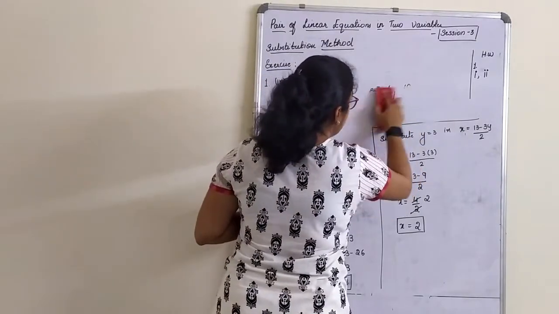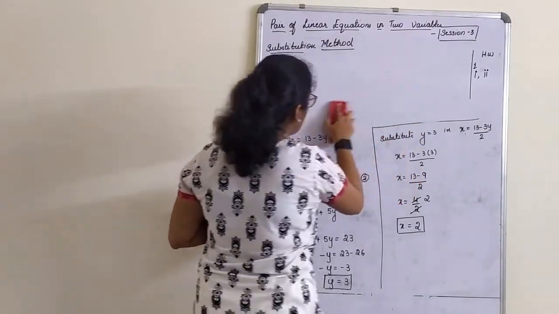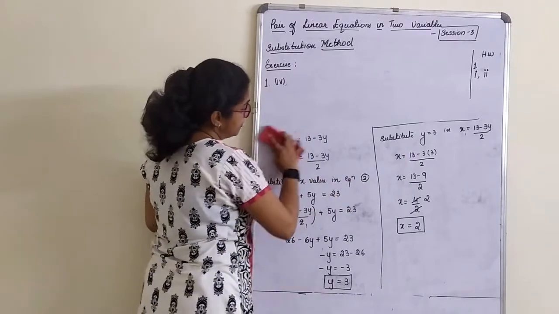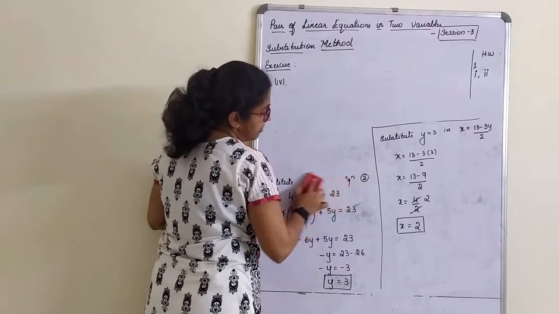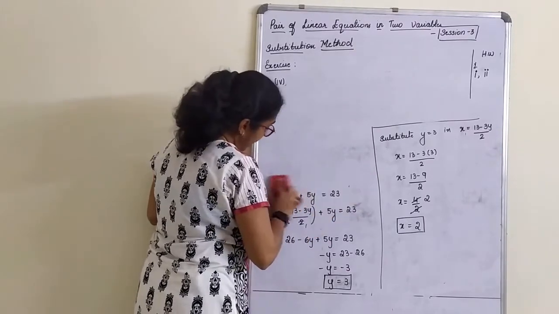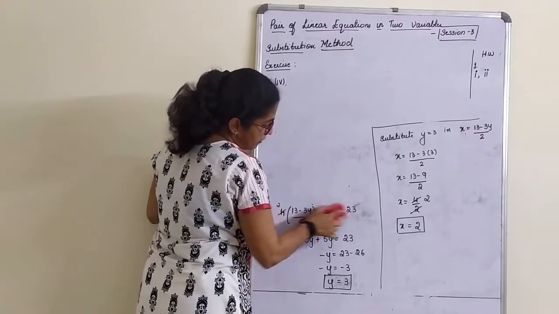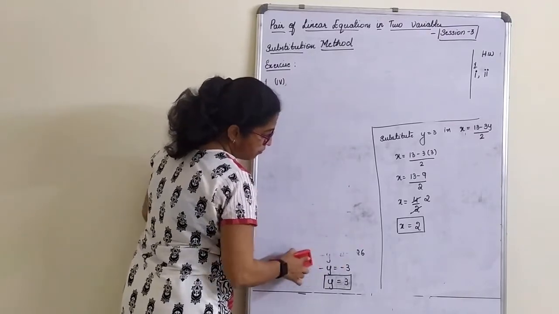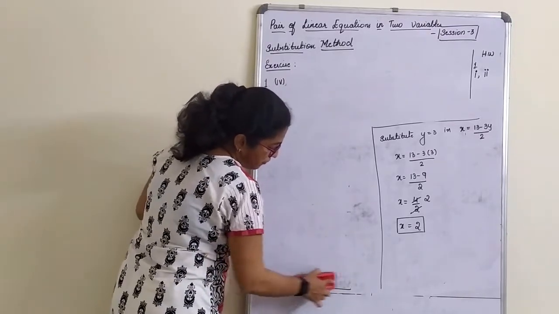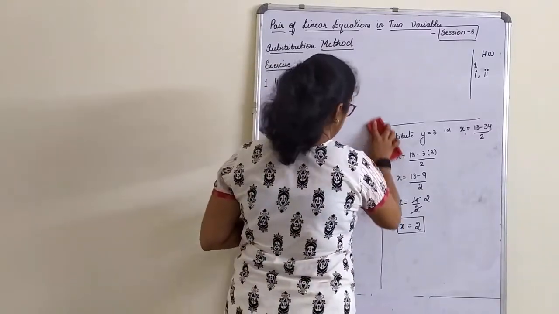But if you use decimals directly, you will get the same answer: 3 and 2 only. There is no change in the answer. The answer should be the same, whichever method you apply. So let's try with that. The homework sums I have given you, you also have to try with the same technique.